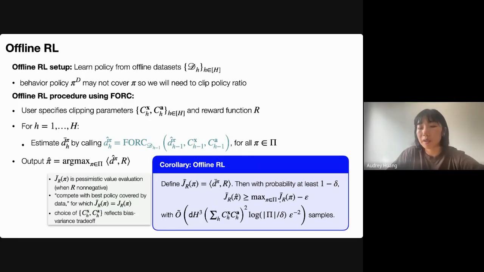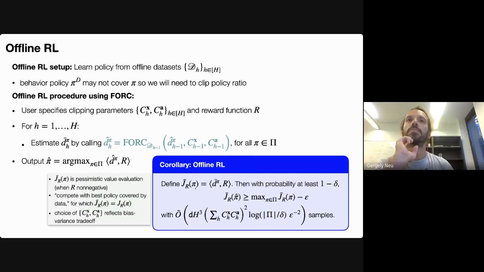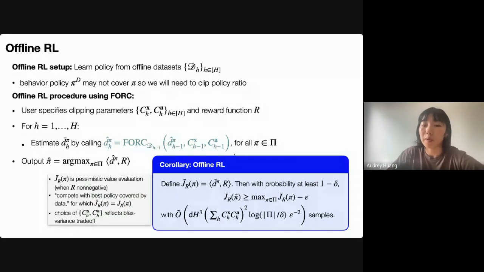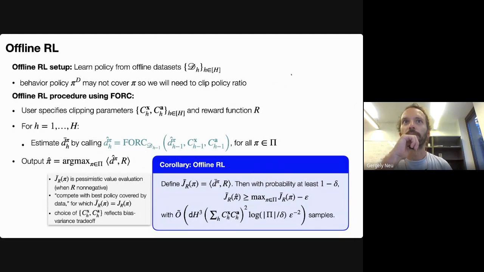Yeah, we can only compete with basically their value as measured on the covered portions of their occupancy. So that's what this J bar R pi is representing. It's some pessimistic valuation based on that coverage. Right, but if you're considering a policy that was not covered properly, then what does this say? Do you have any way to quantify the bias that you get in this J bar?